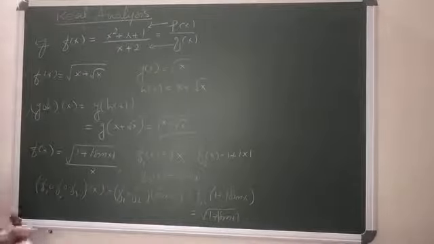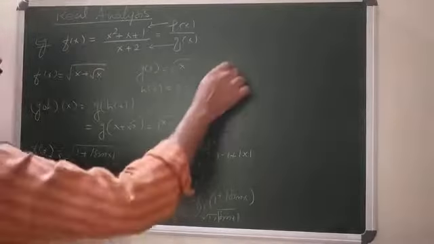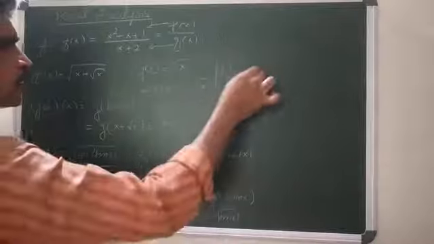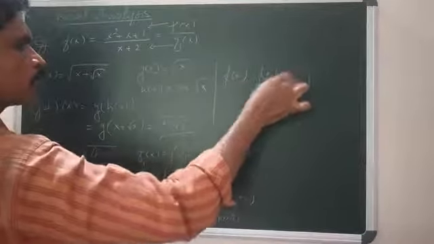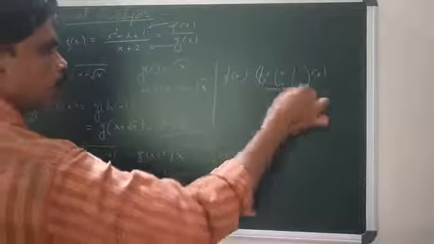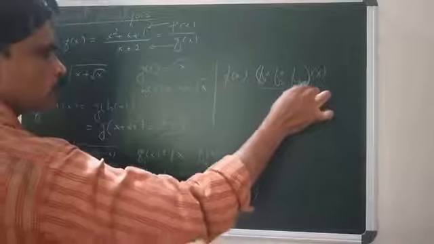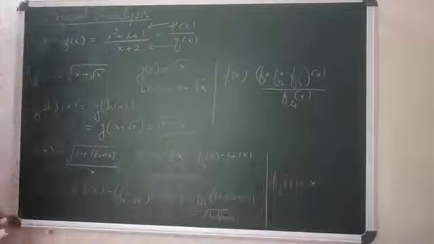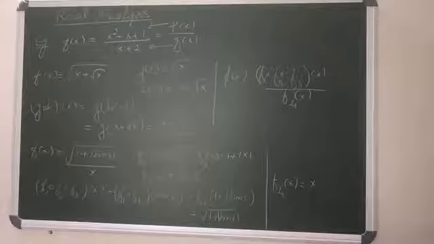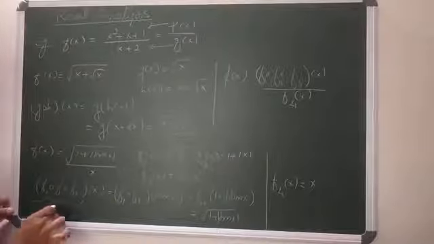So clearly, this f of x equals, here what is f of x? Hence f of x equals f1 composition f2 composition f3 of x divided by some f4 of x, where we choose this f4 of x equals x. Okay, then check this composition.